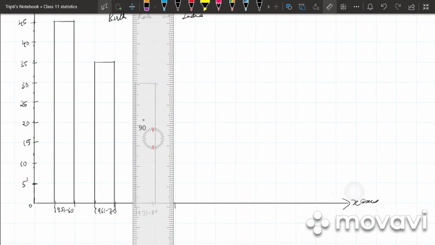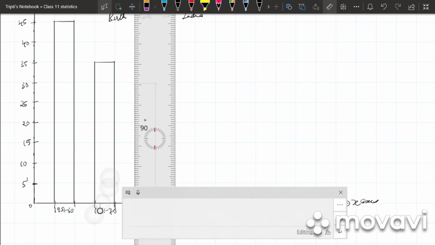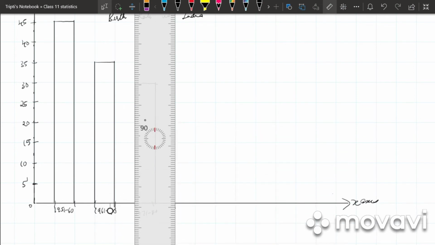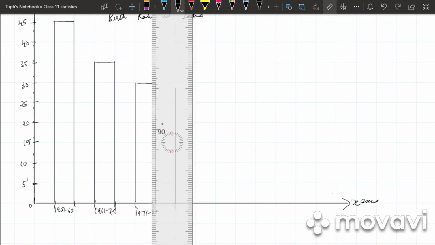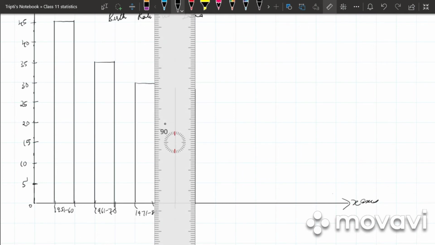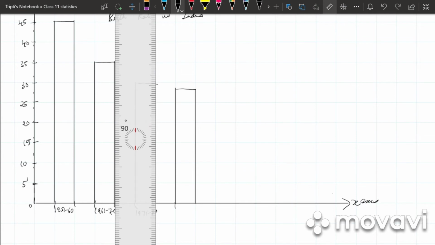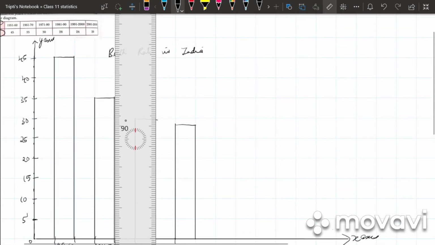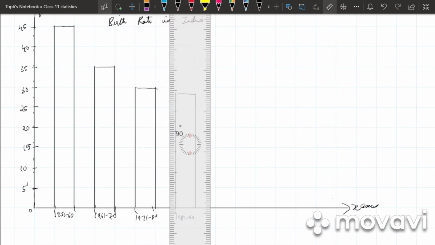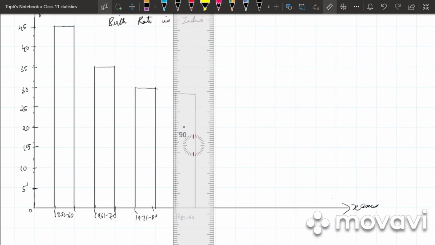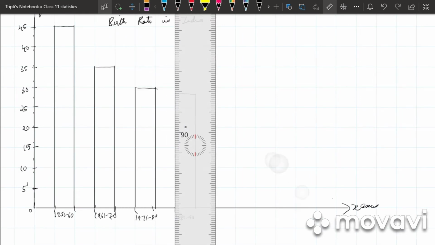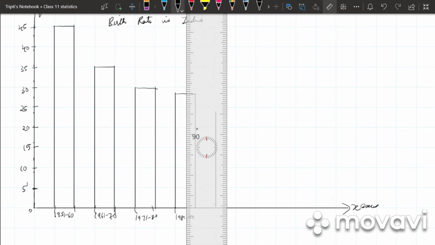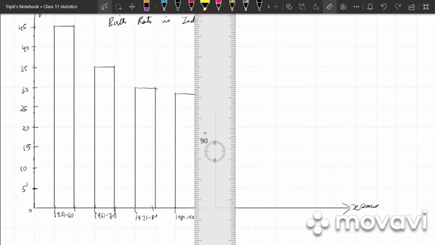No. So we will draw the diagram. Here is 30 and here is 25. So in between we will be marking 28. It is 1981 to 90. Next we have 24. So again we don't have 24, we have 25. So a little bit below 25 we will be marking 24.